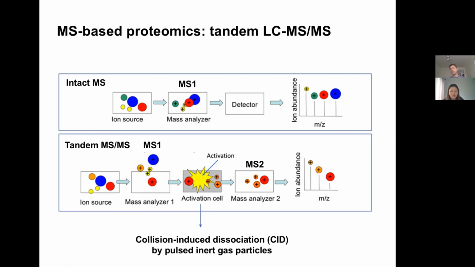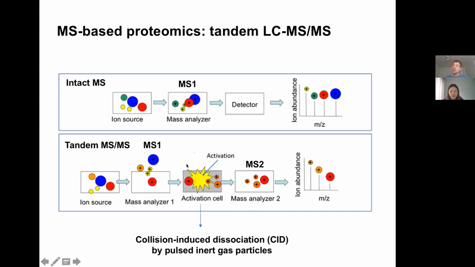So let's now think about them as peptides, right? You have peptides that are ionized. You have an intact peptide here. You can let it go and hit the detector, and then you know what the mass to charge is of that peptide. But two peptides of different sequences can have the same mass to charge, right? But now with this collision cell, you bombard with a neutral gas, and this randomly fragments the peptide.